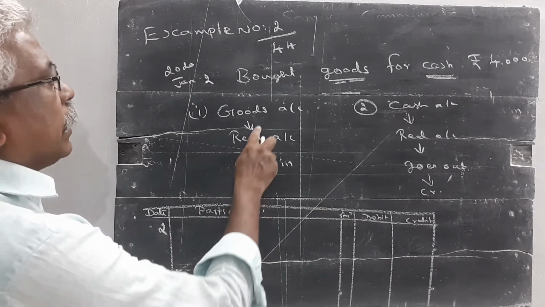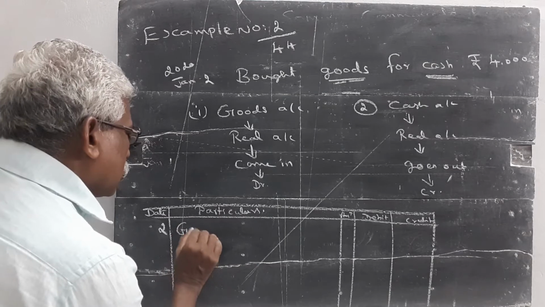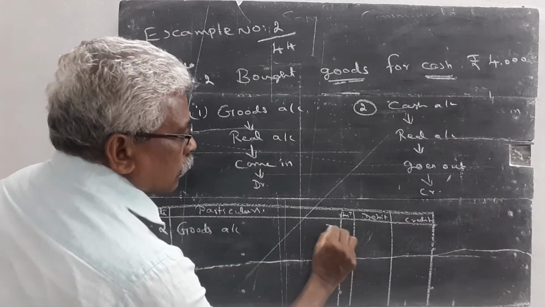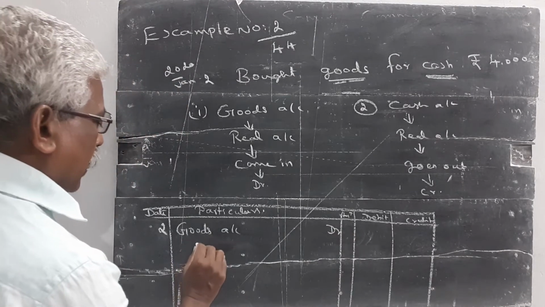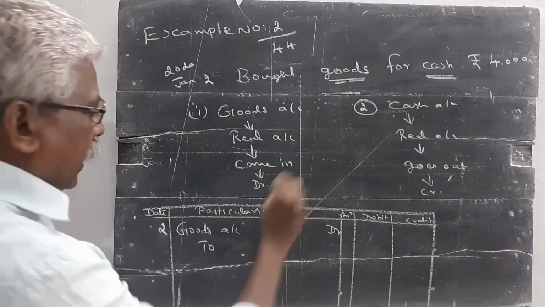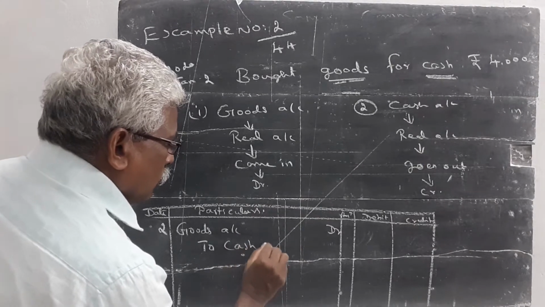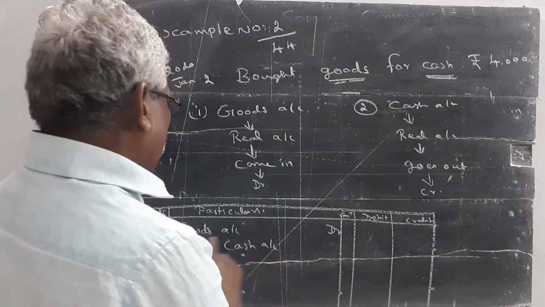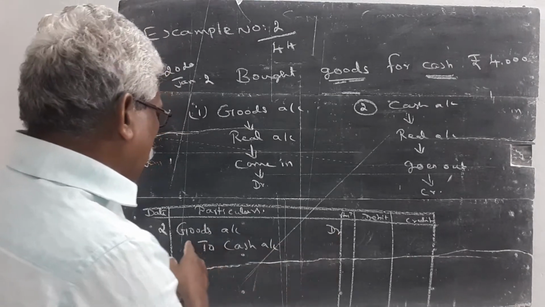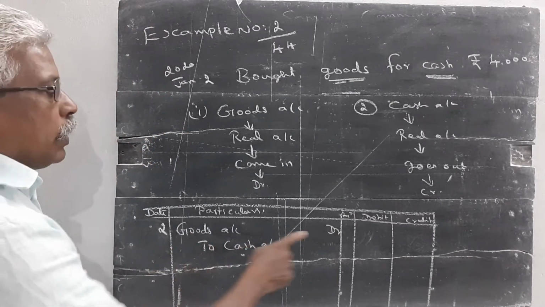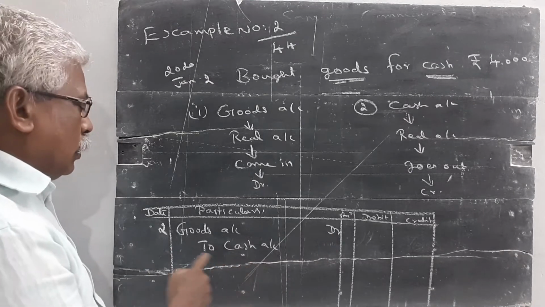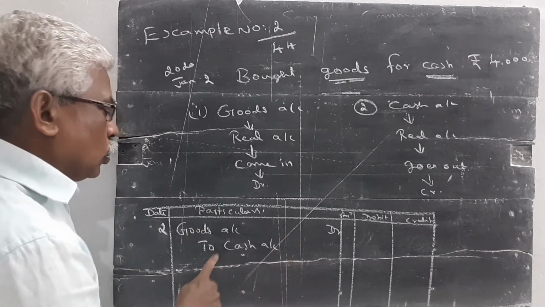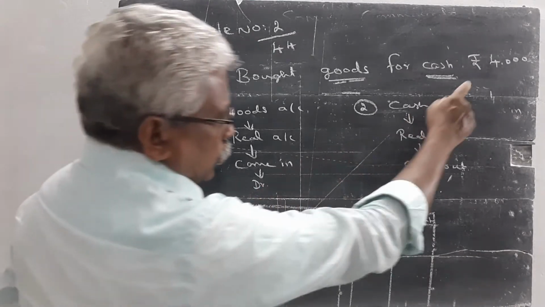Okay, then first write the debit aspect. Goods account debtor, then leave some space and write To cash account, with the amount in rupees. Here no need to write credit. Goods account DR To cash account, but we read it this way: goods account debtor to cash account, amount 4,000.